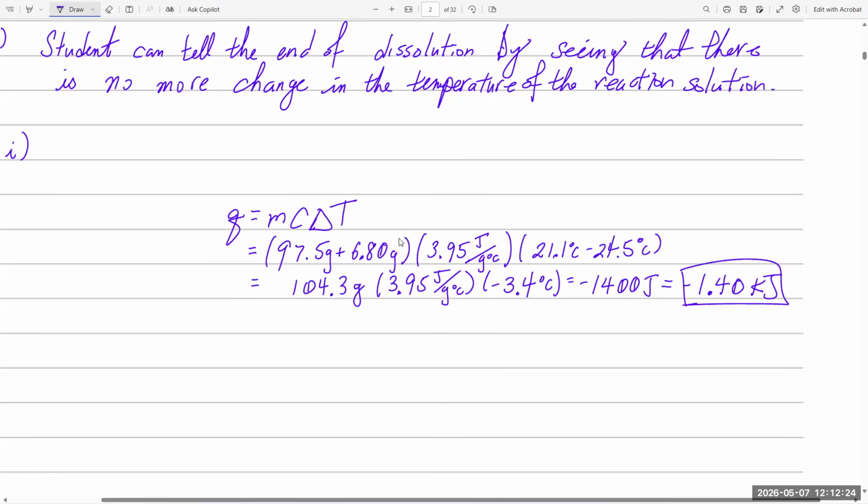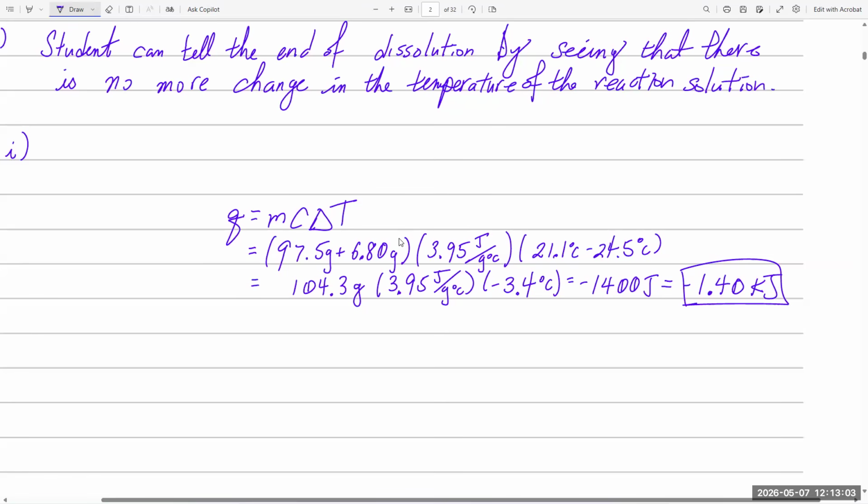So the magnitude of delta T in rubidium chloride will be larger. Rubidium chloride has a larger molar mass than KCl.